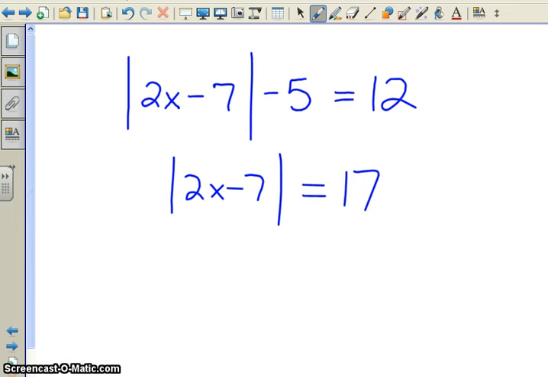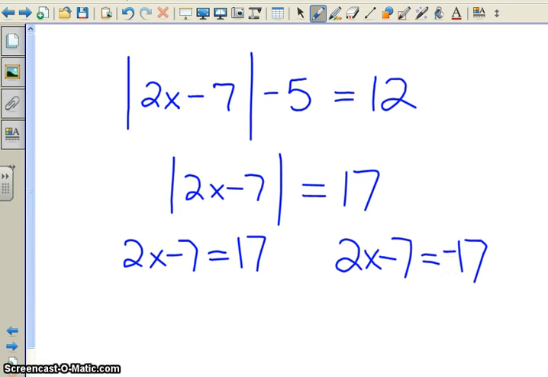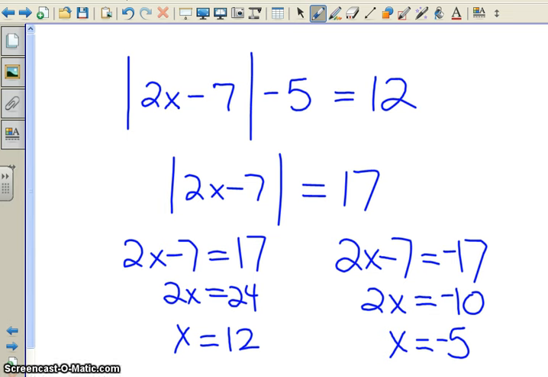So this tells me my absolute value falls 17 places away from 0. So this 2x minus 7 could fall at 17, or it could also fall at negative 17. And then I just solve these equations for x. And negative 5 and positive 12 are our two values that will work in our original function.